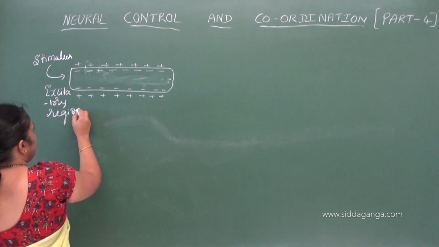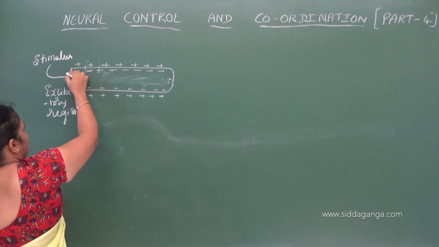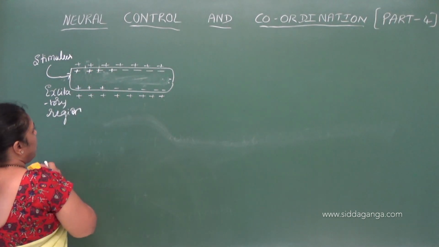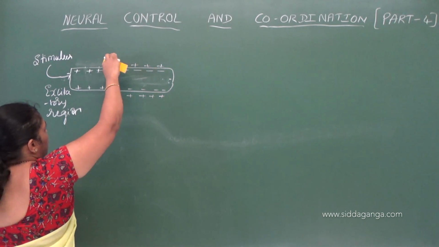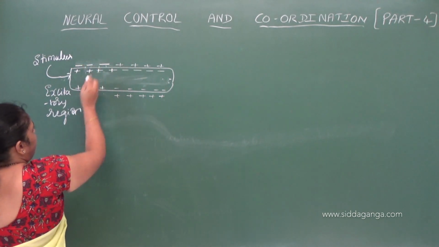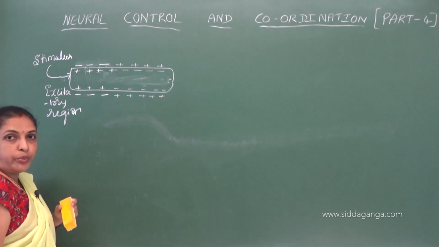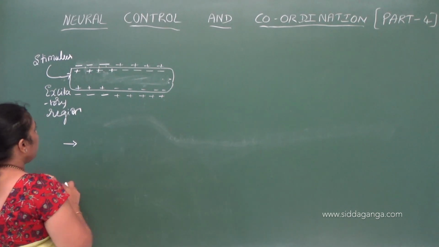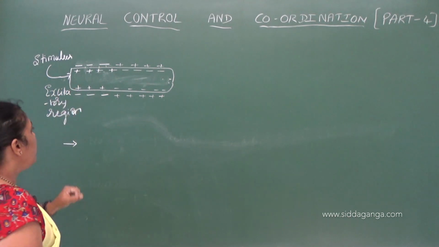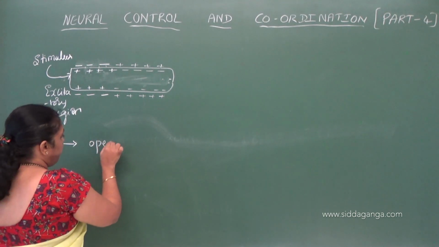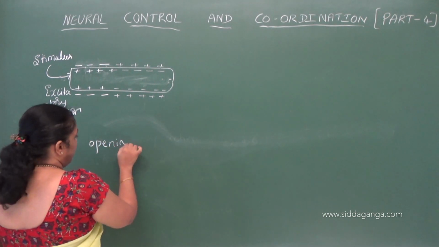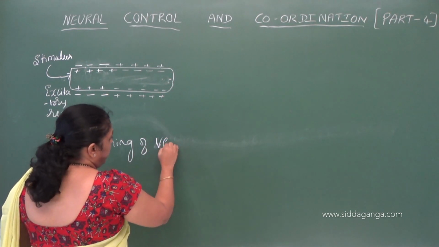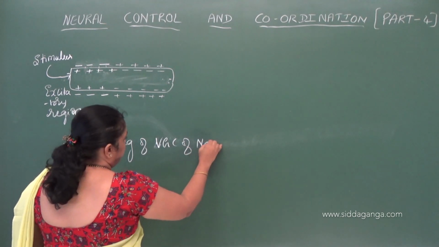So where you apply the stimulus, there what happens, we see inside positive charge, outside negative charge. Inside positive charge, outside negative charge, because when the neurons are stimulated, we see opening of voltage gated channels of sodium.